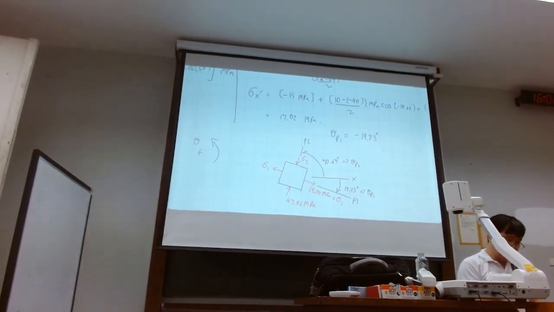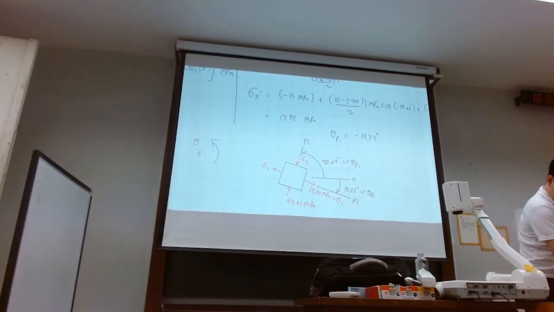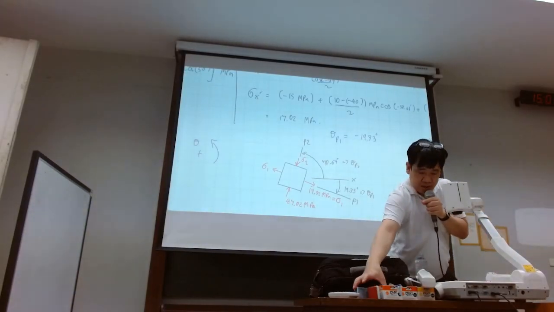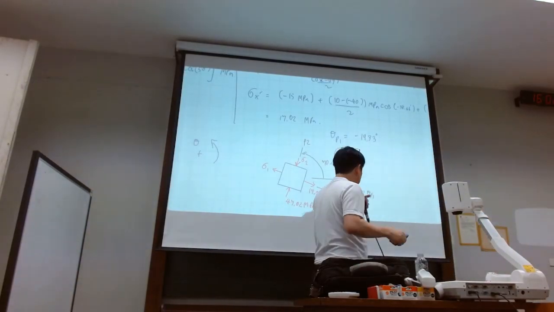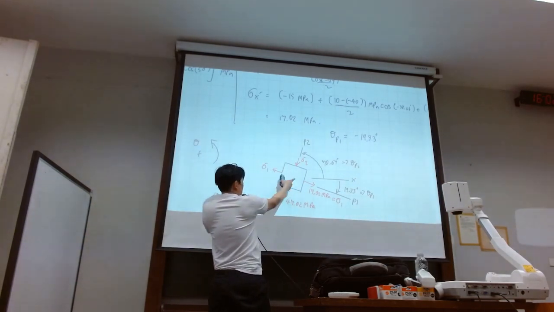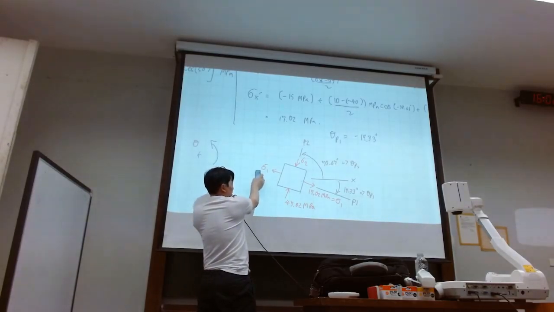So this is the stress element. Starting out, you have the objects, for example. We have these objects, and then I put a box around, and I get the sigma x, sigma y, tau xy.